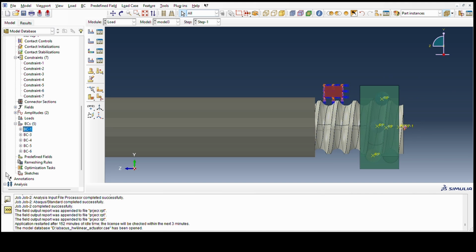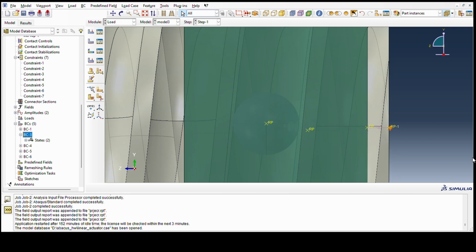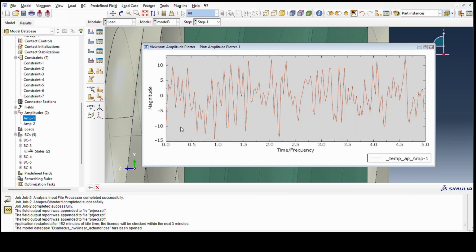And using the angular velocity boundary condition, I gave the angular velocity to RP1, which is the input to the screw, and I defined an amplitude that creates a noisy signal, which can be seen from here. So this is the input signal that I'm giving to the system, the noisy input signal.